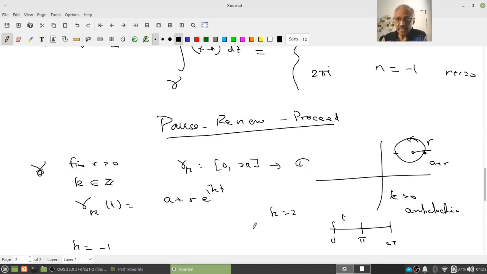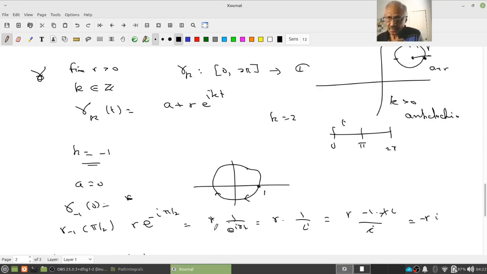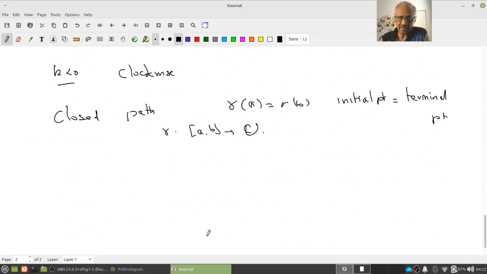If k is negative, it starts from a plus r, but it travels around in the clockwise direction and hits a plus r, how many times? Again k times. Keep that in mind. So whether k is positive or negative, e power i k t visits a plus r k times.